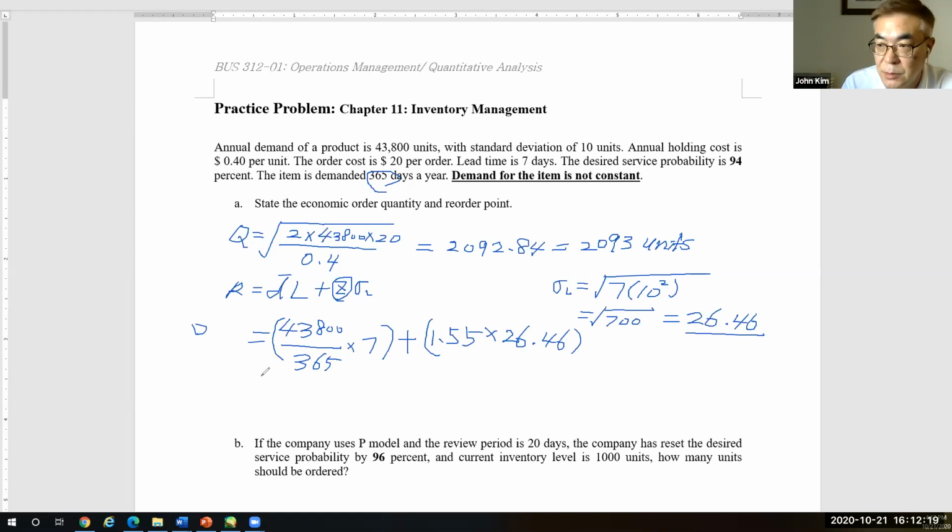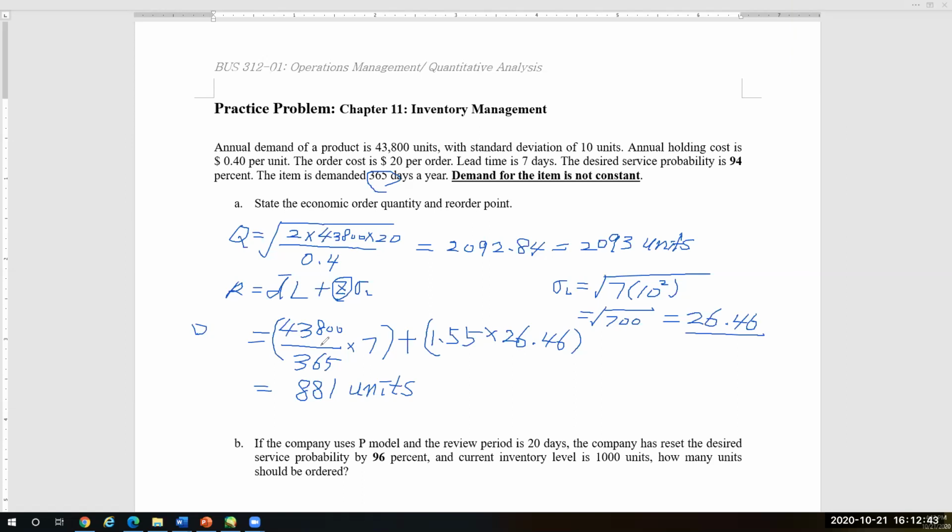And that is, my calculation is 881 units. Could you tell me if that is right? I rounded it up to 882. Would that be wrong? 882?